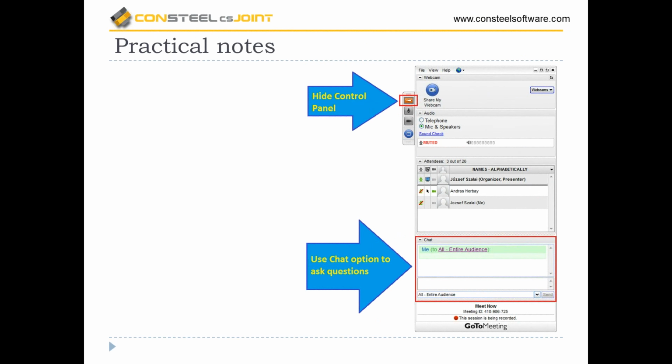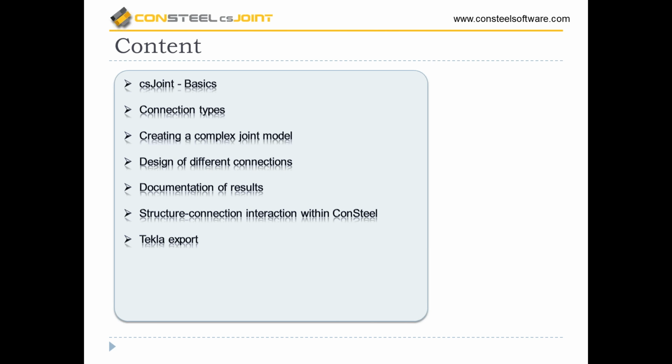The content will be first about just the basics of csJoint software. Then I will review the connection types, what we can calculate and design. I will show how to create a complex joint model, including several different connection types, how to design them, modify them, manipulate them, and how to document the results.